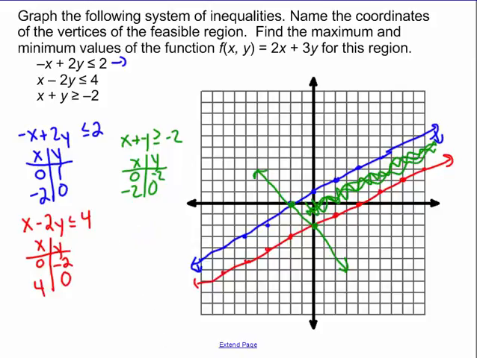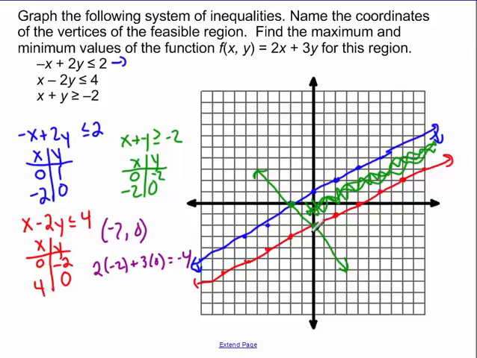Okay, so our test points. One of them is (-2, 0). And when I test that in this function, I want you guys to be showing me negative 2, 0. 2 times a negative 2 plus 3 times 0, that's going to be a negative 4.